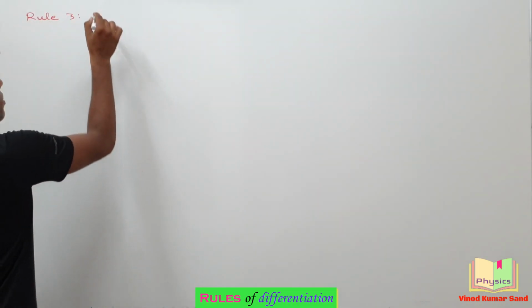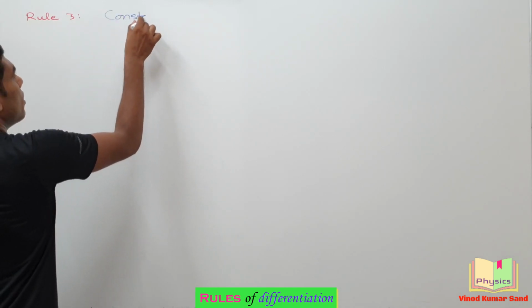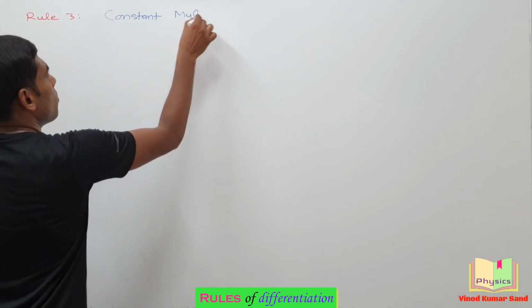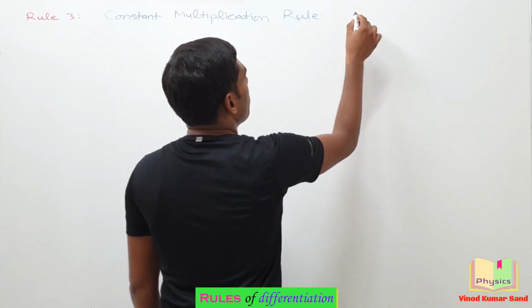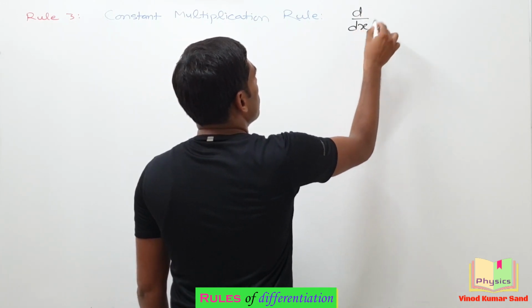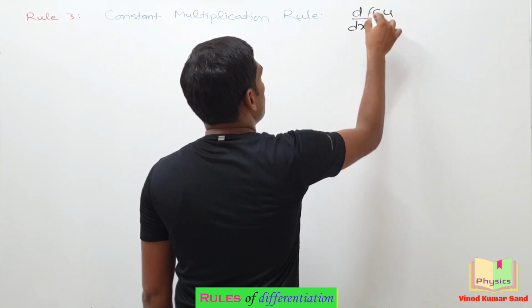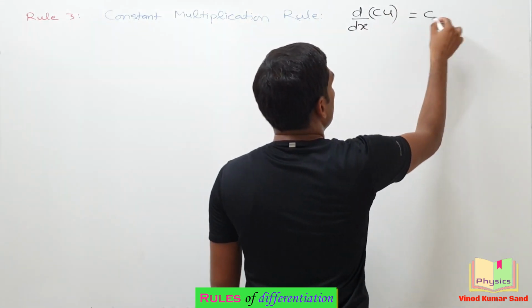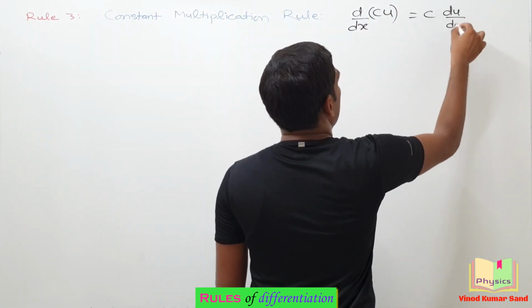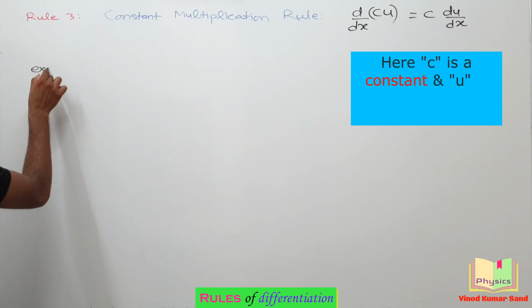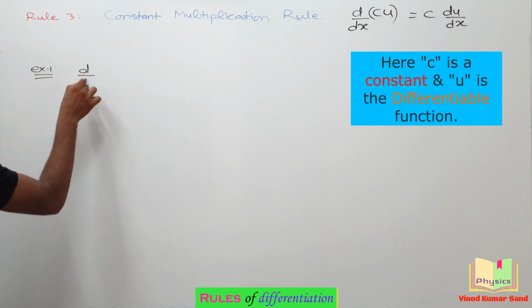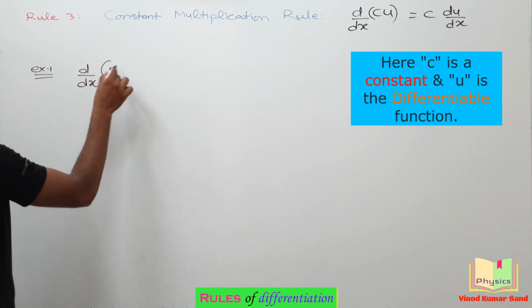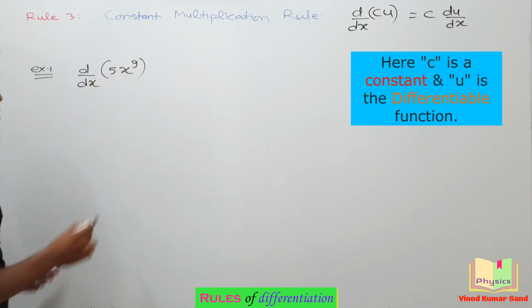Rule number 3 is known as the constant multiplication rule. If you have d by dx of cu, then the answer will be c du by dx. Taking up example number 1. Suppose d by dx of 5x to the power 9.